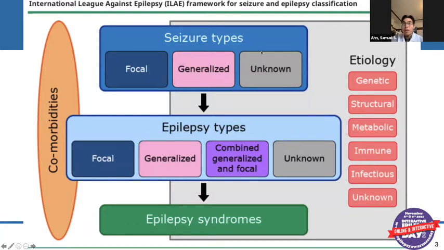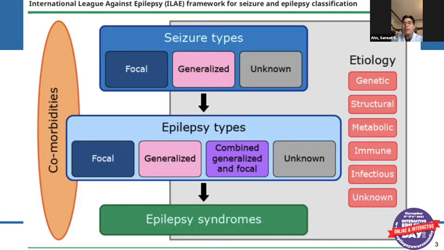Typically it starts with when a patient presents with a seizure for the first time: what type of seizure is it? And I don't want to get into too much detail about describing the seizure type. I'm sure many of you have understood this sort of dialogue before, but if we can characterize a patient's seizure type as a focal or generalized seizure, perhaps they have a combination, or we're just not able to completely gather all of that information. But with that, we're able to categorize epilepsy type.